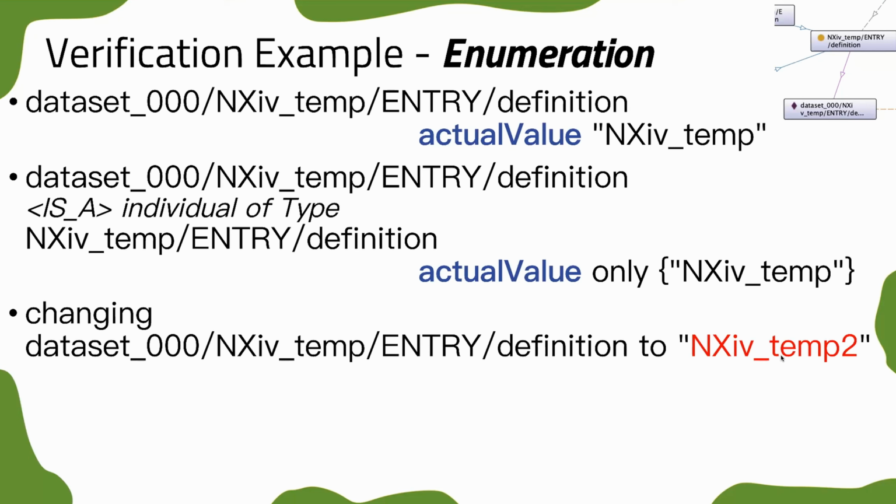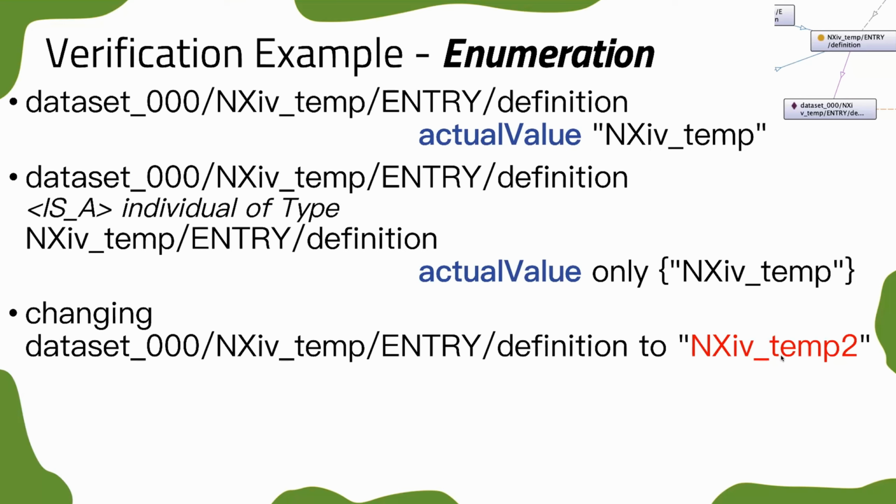And the nice thing is that you don't have to write any software which knows something about IV temp and how to perform temperature-dependent IV measurements, or a specific software which works only with the NeXus standard.